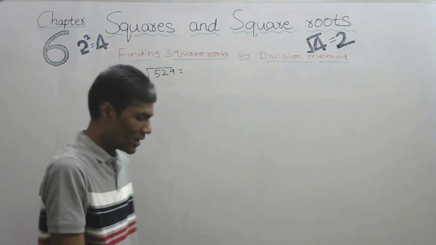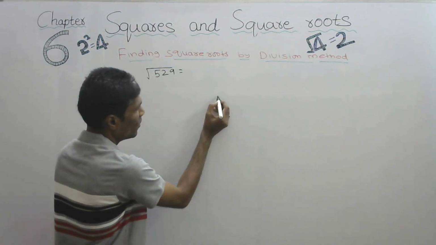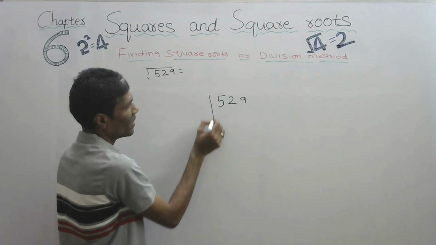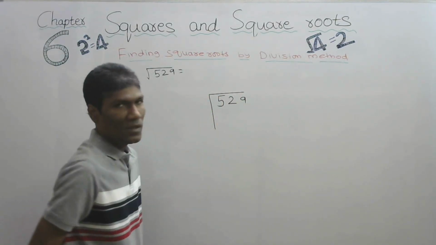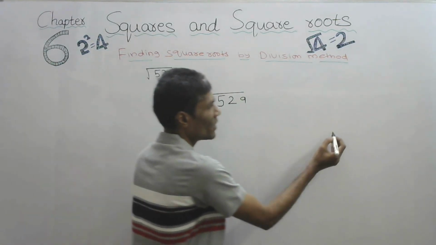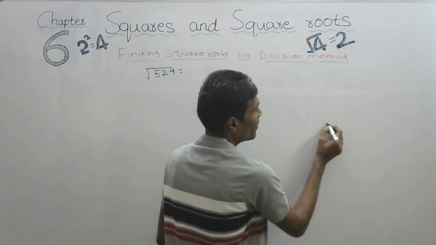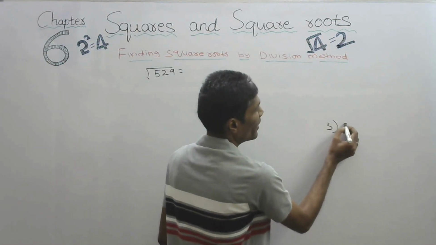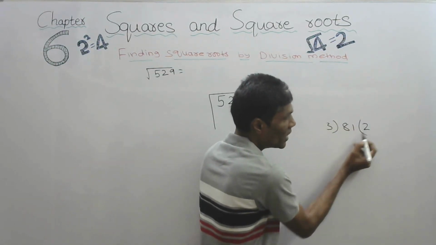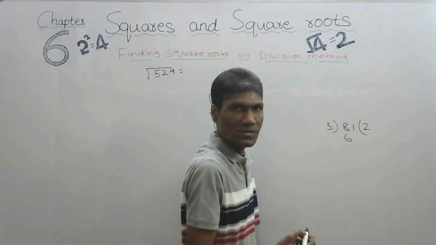Now, let us understand. We will write 529 like this. Remember normal division. Say, for example, we are doing 81. What do we do? 3 2s are 6. Okay.